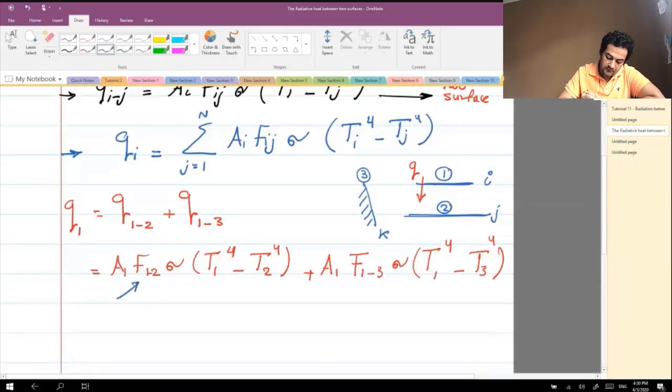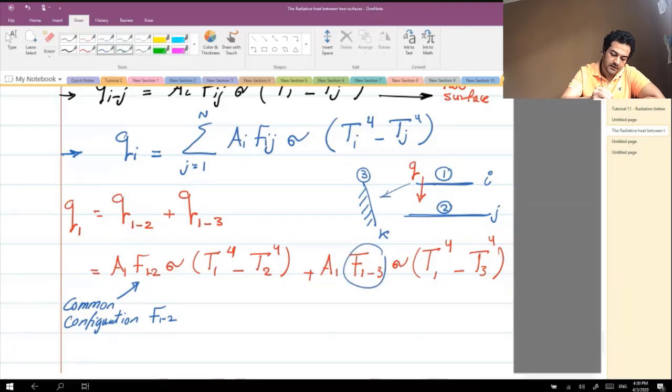The view factor from 1 to 2 is a common configuration, right? So F12 can be obtained, but from 1 to 3, this is not a common configuration. So how are we going to get this F from 1 to 3?